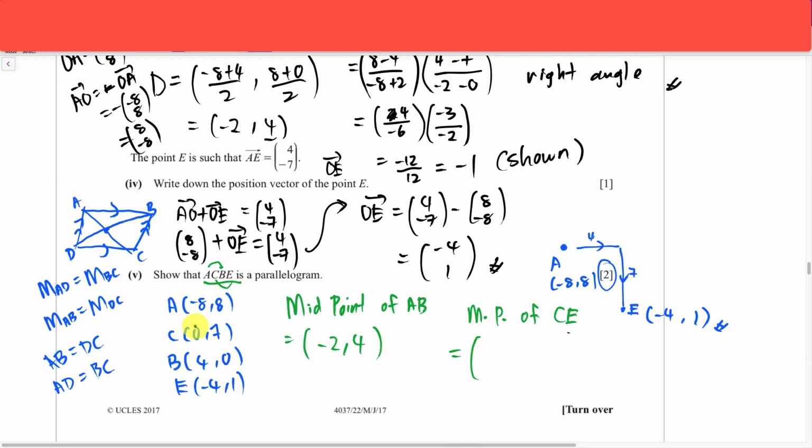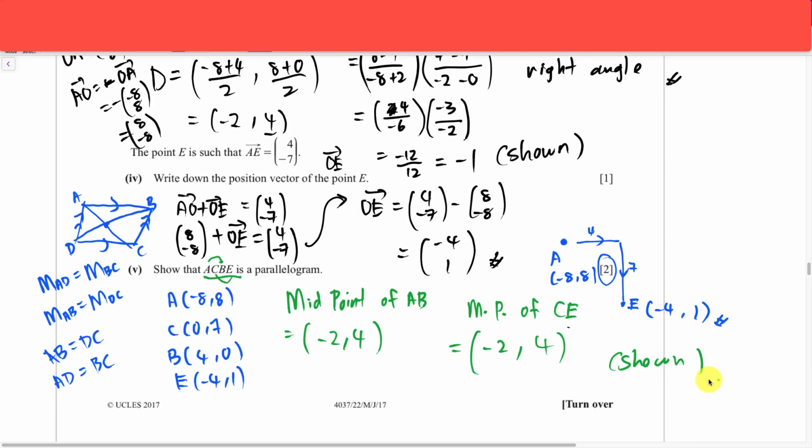So C is 0 plus negative 4 divided by 2, which is negative 2, and 7 plus 1, which is 8 divided by 2, which is 4. Alright, since they are the same, then I will write the conclusion. Okay, because I realize midpoint is easier and shortest.